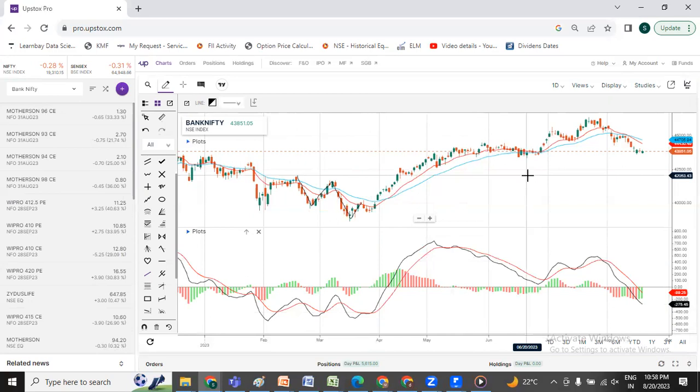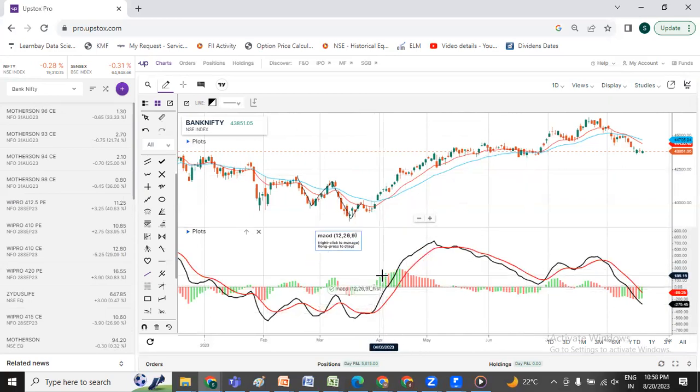Okay. And the fourth point, the final point, the histogram. Histogram is the volume pressure. Once it is solid green, that means the buyer pressure is there. Once this green starts turning into red, that means the buyer pressure has reduced, the momentum has reduced. Whatever ball you are throwing, it is going up, but at a particular point of time the energy gets reduced.